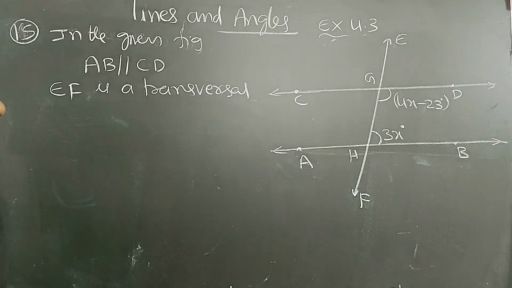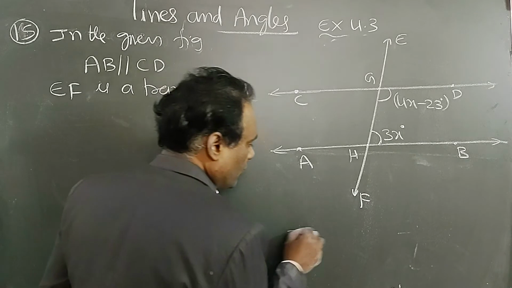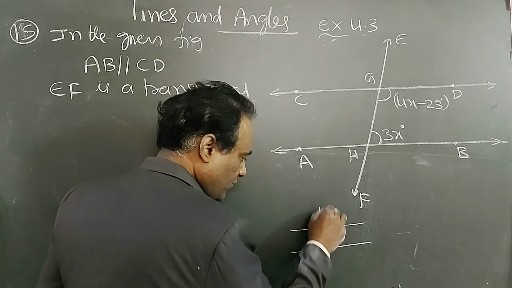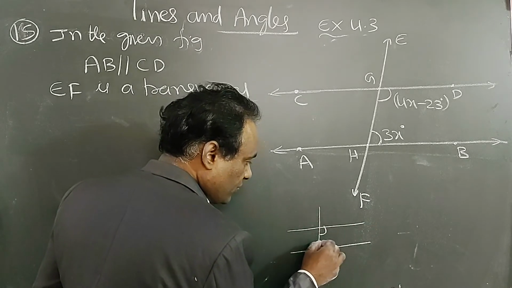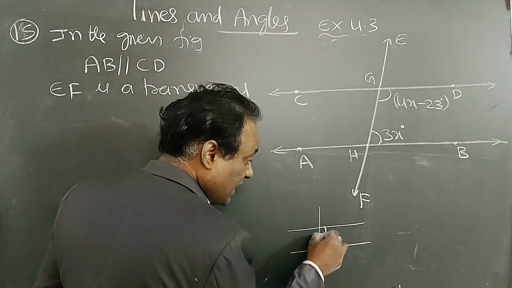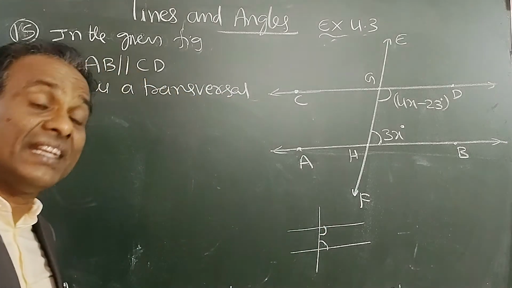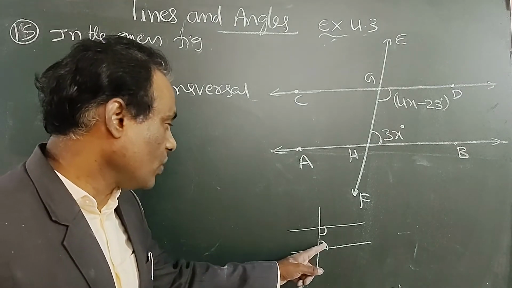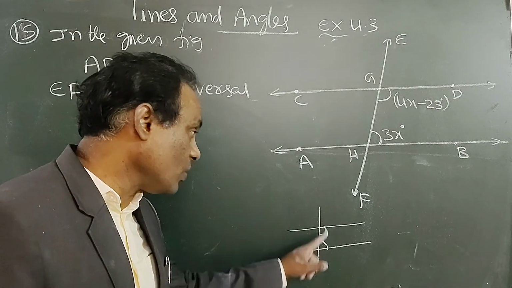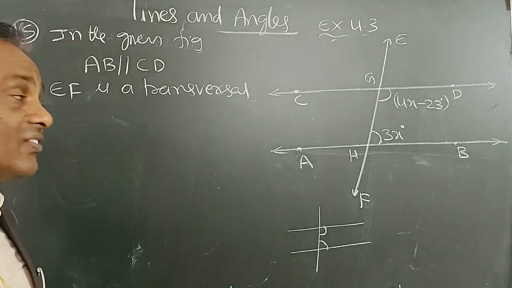See here students, I gave this rule. When two lines are parallel and this is a transversal, the sum of these two angles on one side, both interior and on the same side of the transversal, is 180 degrees. The sum of these two angles is 180 degrees, and the sum of these two angles is also 180 degrees. That concept I explained.